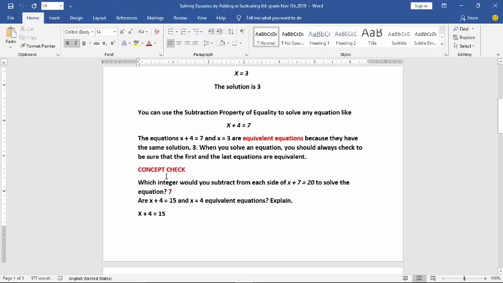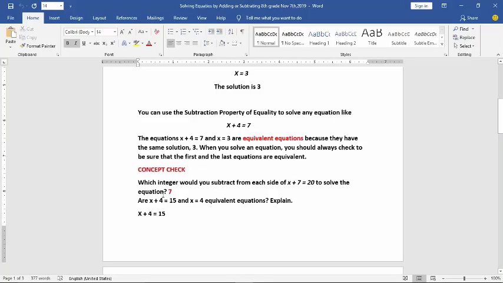Concept check. Answer this question, guys, what would be your answer? Which integer would you subtract from each side of x plus 7 equals 20 to solve the equation?